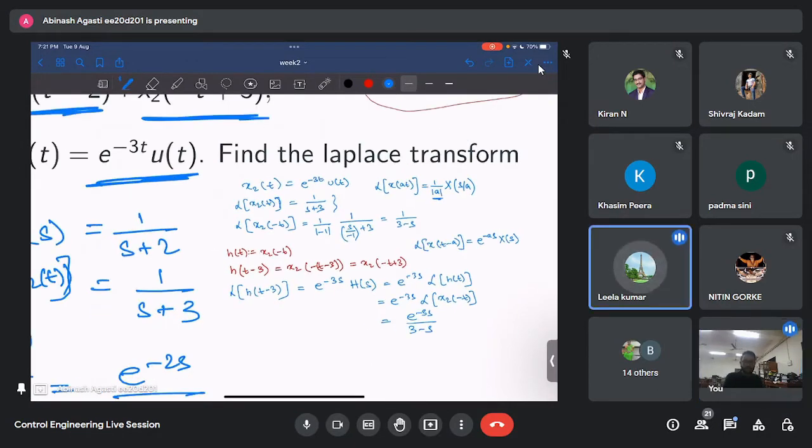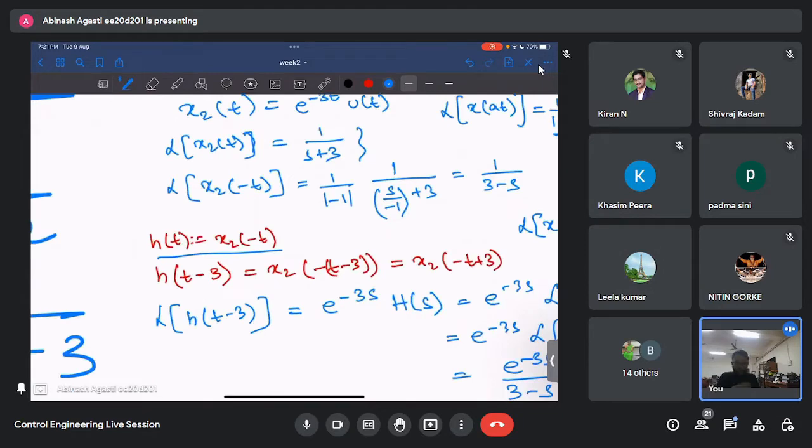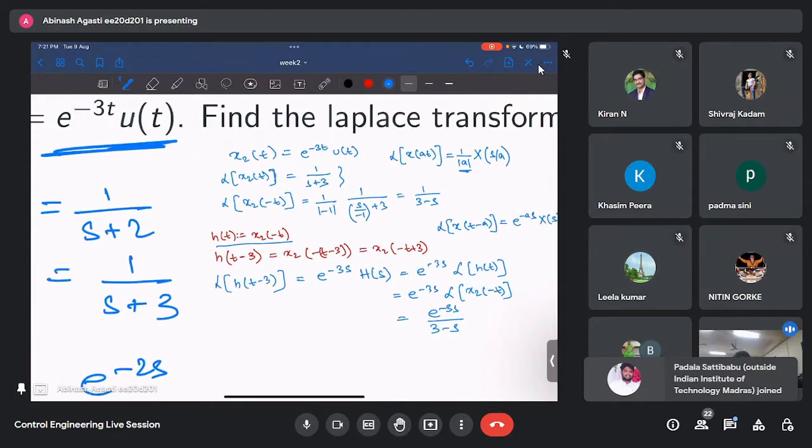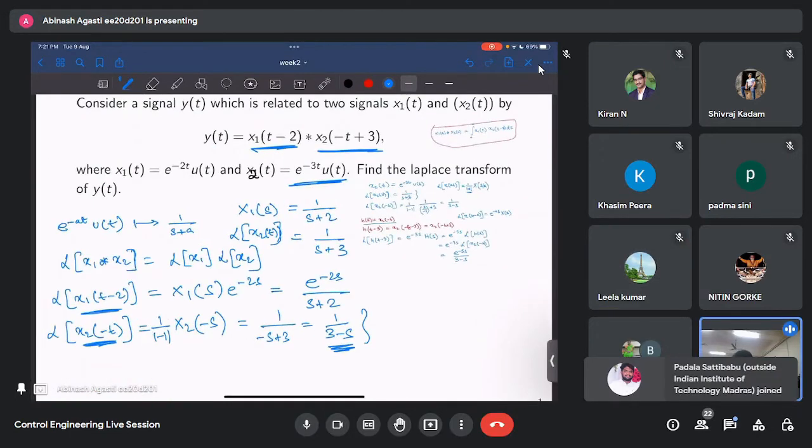How is x of s the Laplace transform of x of t, and h of s the Laplace transform of h of t? I replaced this definition. Understood. Yeah.